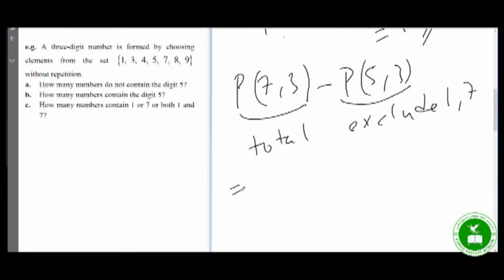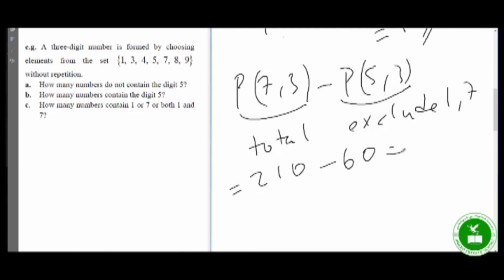If we calculate, permutation of 3 from 7 is 210, and permutation of 3 from 5 is 60. If we subtract them, 150 numbers will be left. It means the total number of numbers which contain 1 or 7 or both of them is 150.